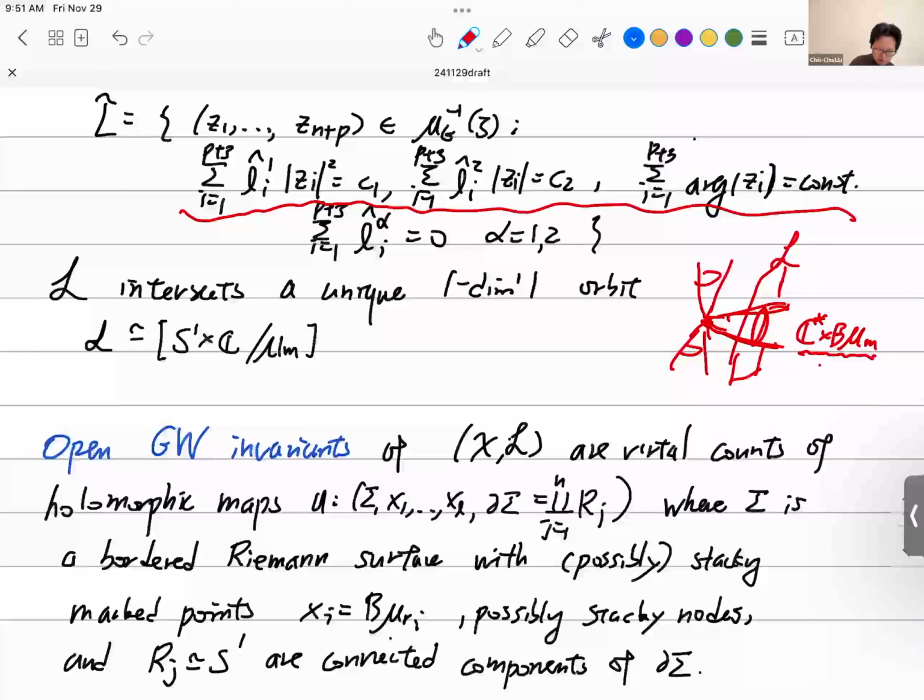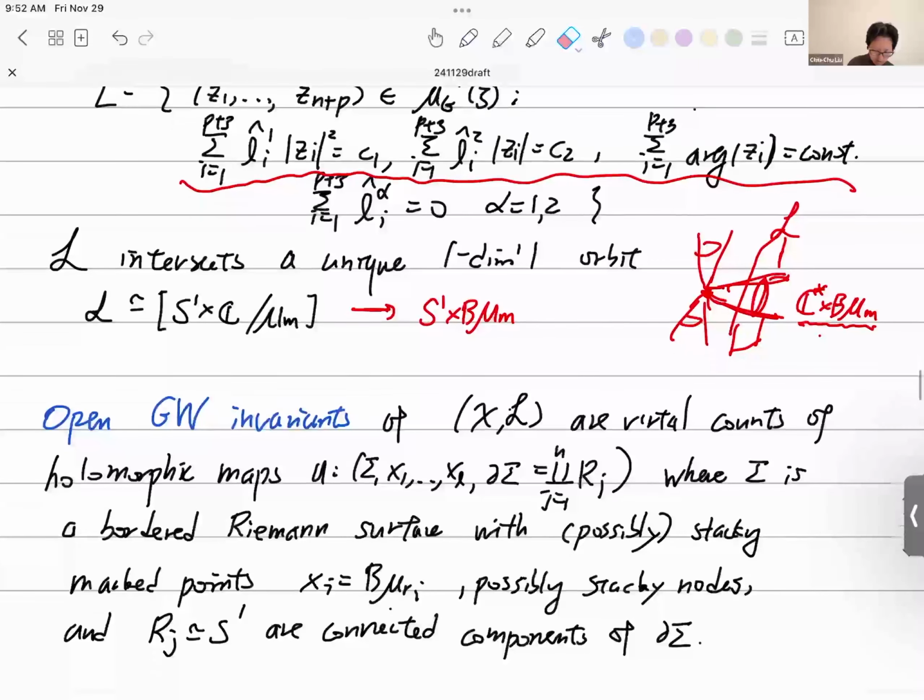So our L is topologically some line bundle over, you can think of this as the total space of a real vector bundle of rank 2 over this circle times B mu M.